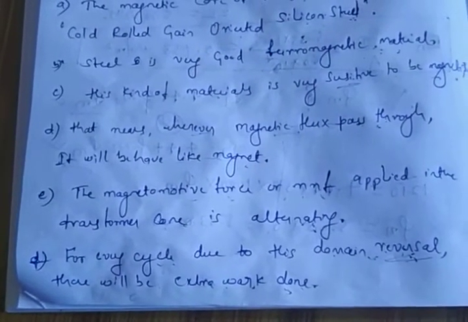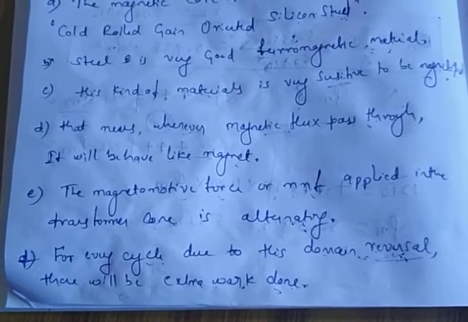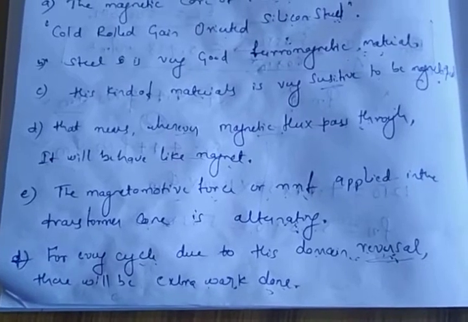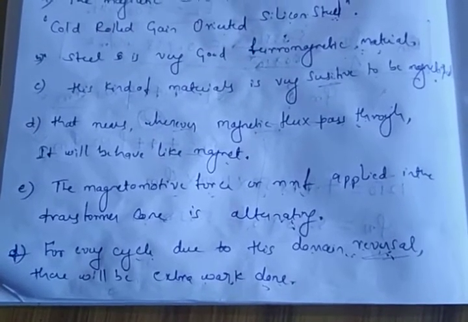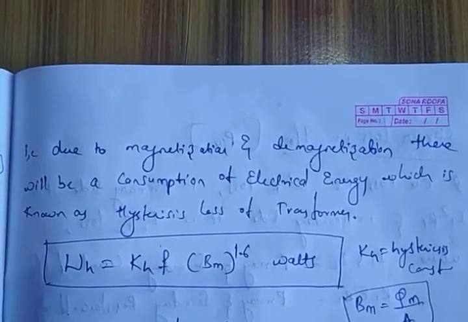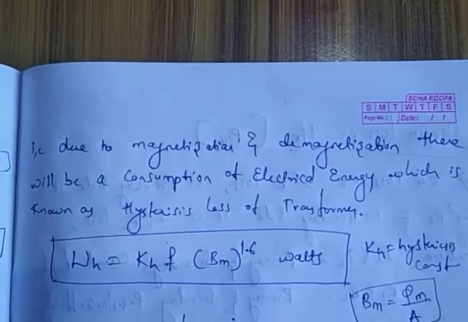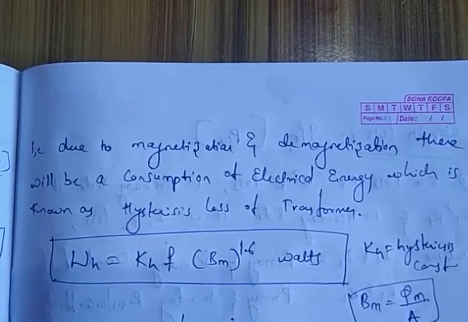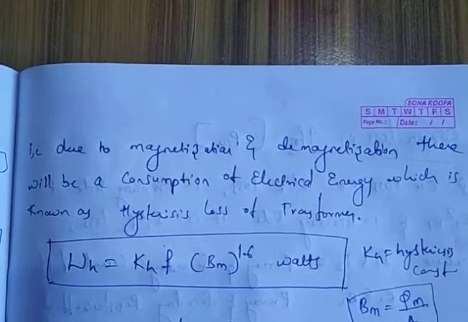Due to the continuous reversal of flux in the core of the transformer, some losses occur. We call these hysteresis losses. In other words, due to magnetization and demagnetization, there will be a consumption of electrical energy, which is called the hysteresis loss of the transformer.